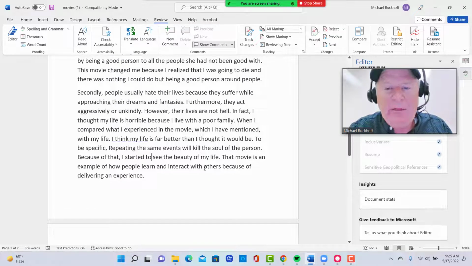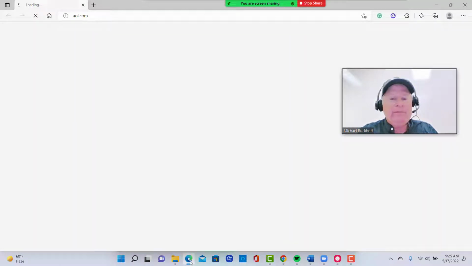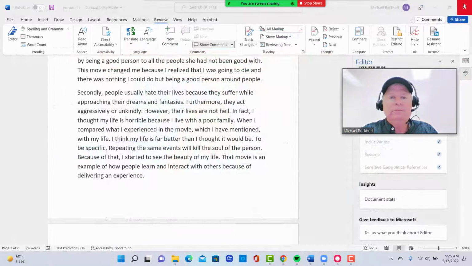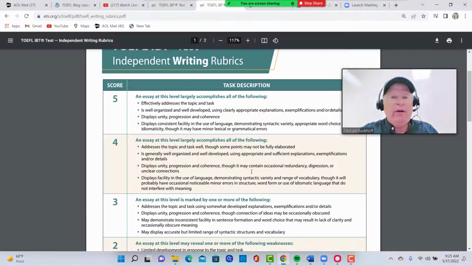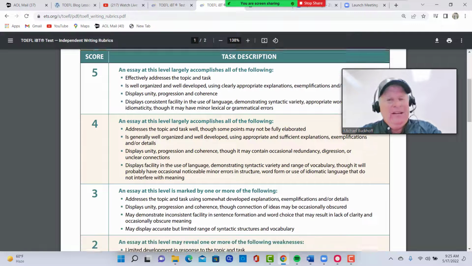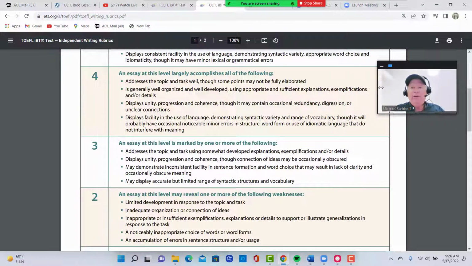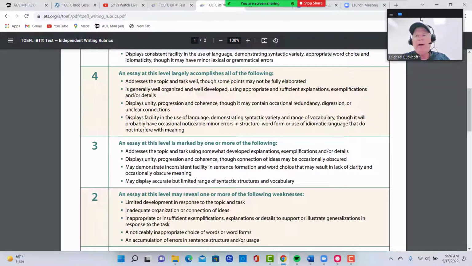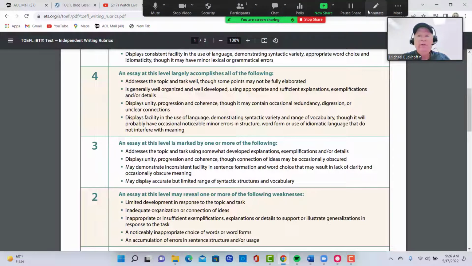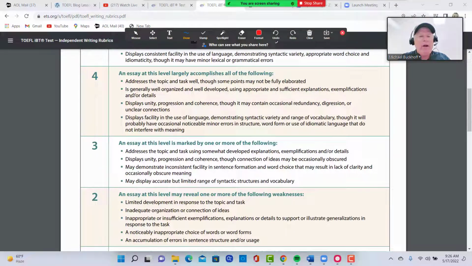Okay, I got it. I think I can give you an accurate score now. Okay, wait a minute. Let me go here. Okay, here we go. Yeah, I don't see you scoring in the 3 area here. I mean, in the 4 or 5 area. So I think there's a few things you want to be careful about here. So in the 3 range, you have connection of ideas may be occasionally obscured.